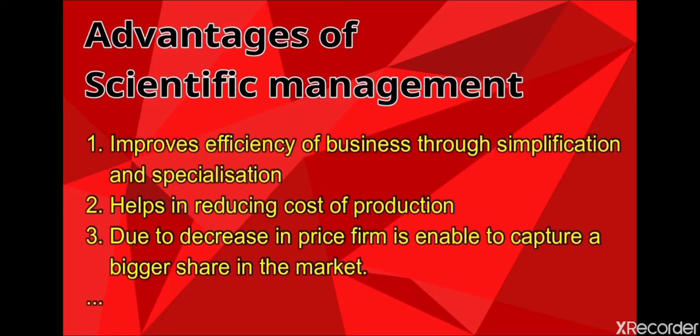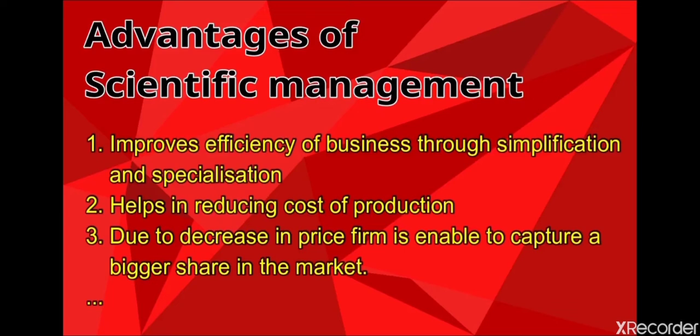Number 2, it helps in reducing cost of production. According to Taylor, even a small activity can be scientifically planned, and this scientific plan will help in saving time as well as the human efforts. That's how it helps in reducing cost of production.